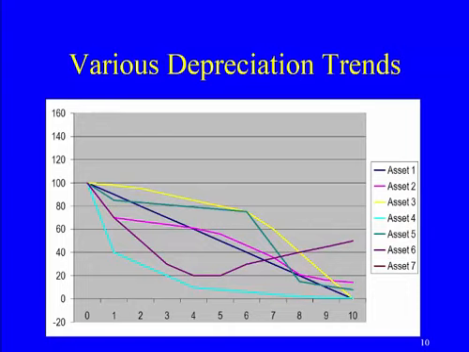Now we come to a case that has a rather peculiar characteristic of not simply depreciating downwards, but has what economists these days are often referring to as a J-curve form of depreciation.